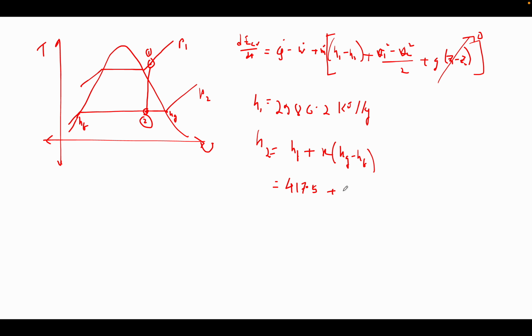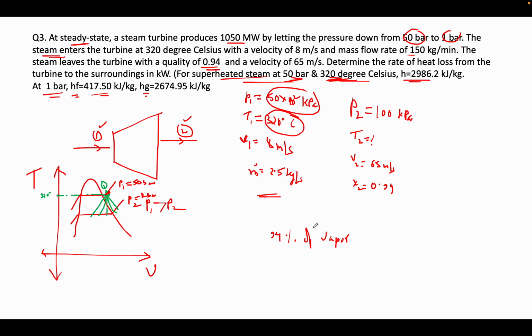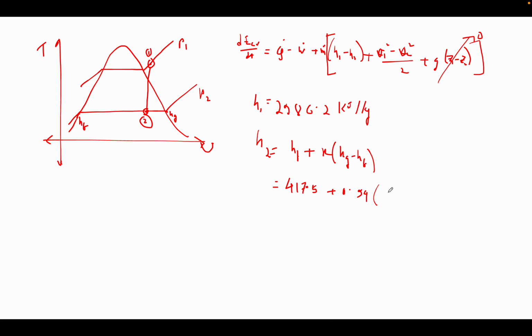My x is 0.94, I guess, and my Hg is 2674.95 minus 417.5. So from here I can calculate my H2.